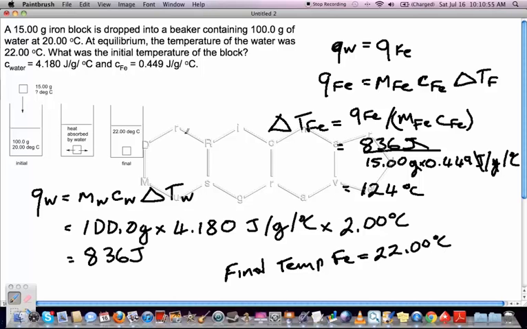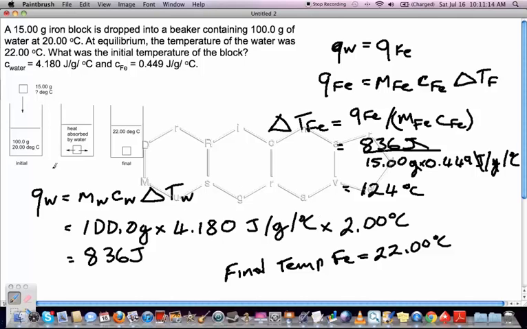Now I know that because the final temperature of the water was 22.00 degrees Celsius. And one of our assumptions is that at equilibrium, the temperature of the iron and the temperature of the water are going to be the same. So what we've got to do is figure out what the initial temperature of the iron was.